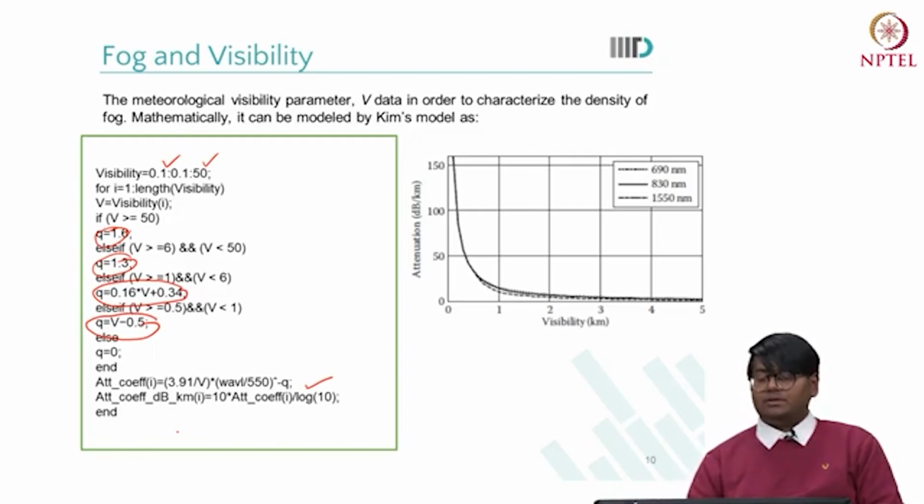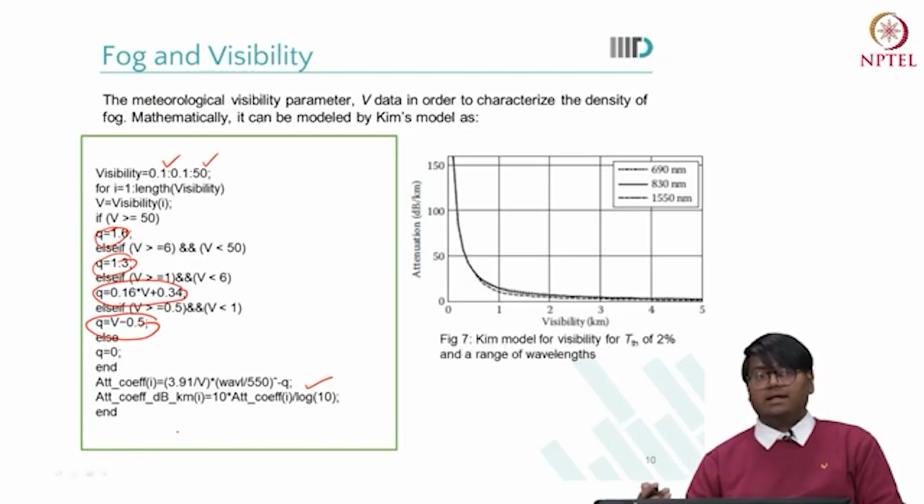It has been drawn for various wavelengths, for instance 690 nanometers, 830 nanometers, and 1550 nanometers. The attenuation curves for all these wavelengths are more or less the same.